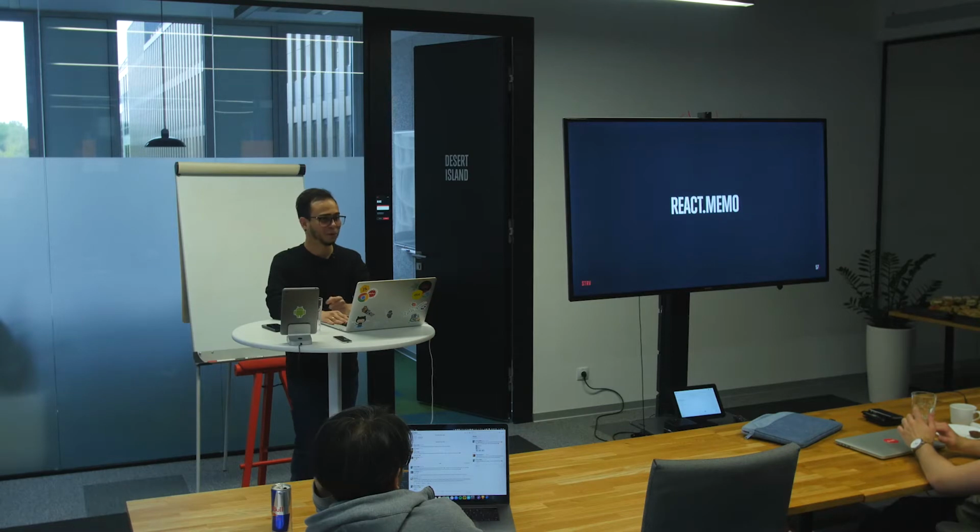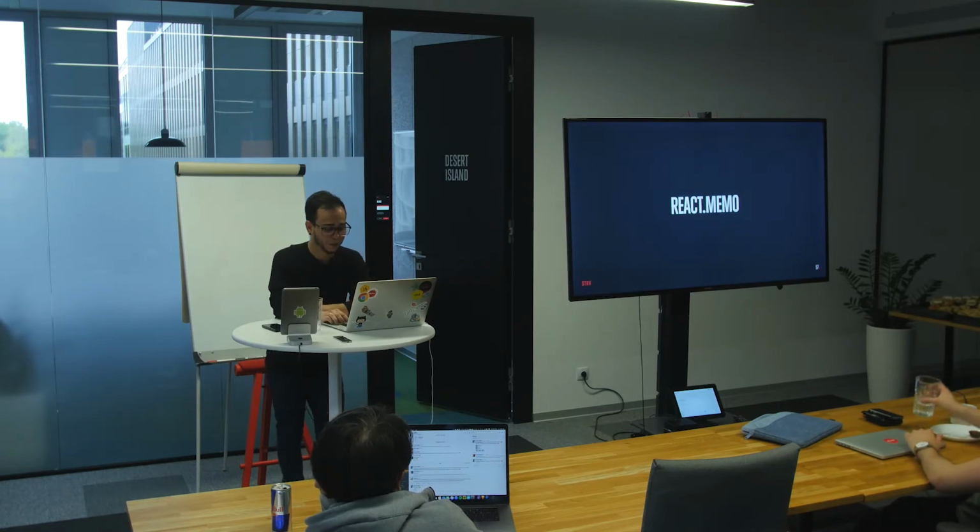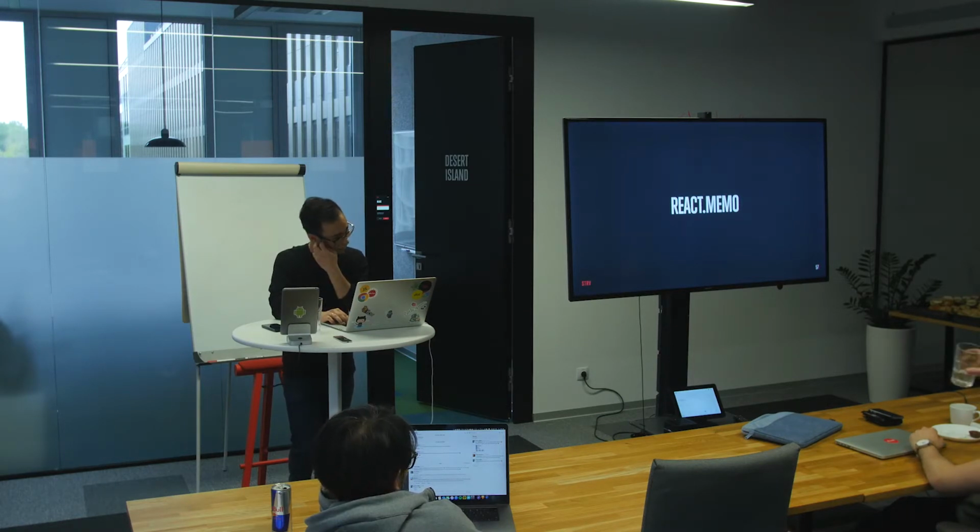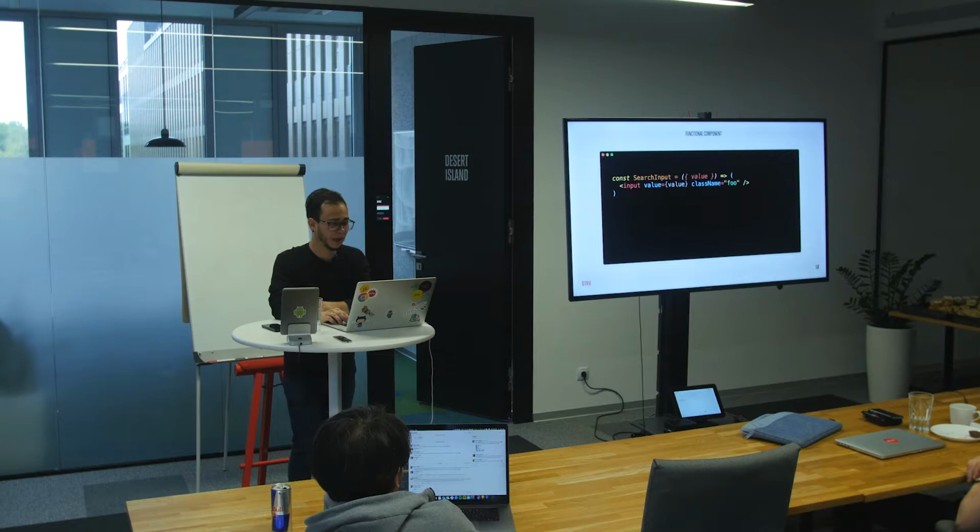So we told you to convert all the classes to functions. Because there are no life cycles in functions, I'm not gonna tell you, hey, go back and create all classes now. So there is this thing called React Memo, which is a higher order component. It's just gonna wrap the function.